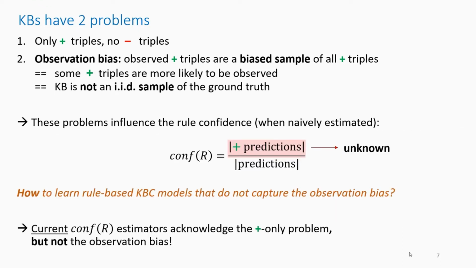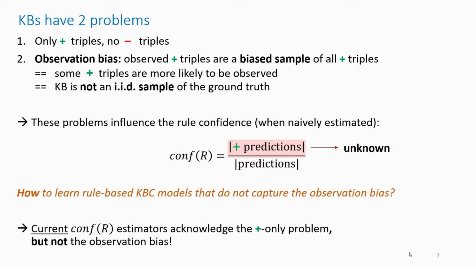These two problems influence the confidence of the rule. Note that typically, we cannot calculate the rule confidence exactly, because we don't know for all possible predictions whether they are positive or negative. So the confidence has to be estimated. And these two problems make that estimation difficult.